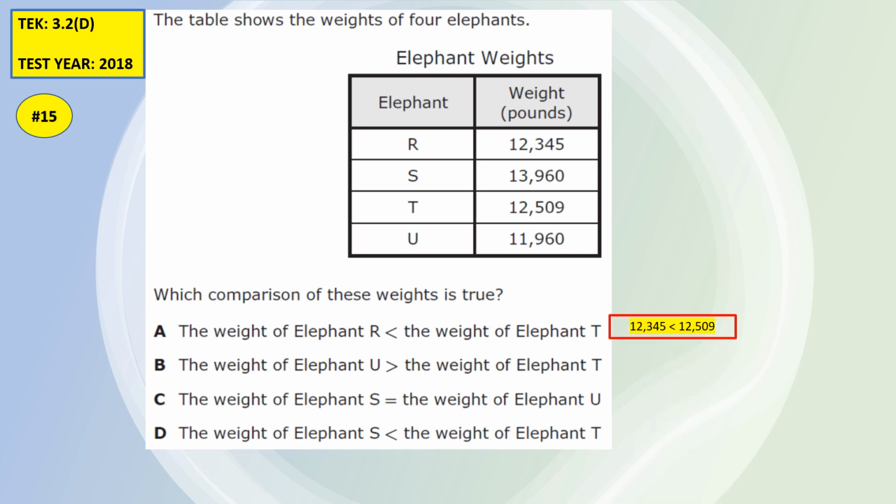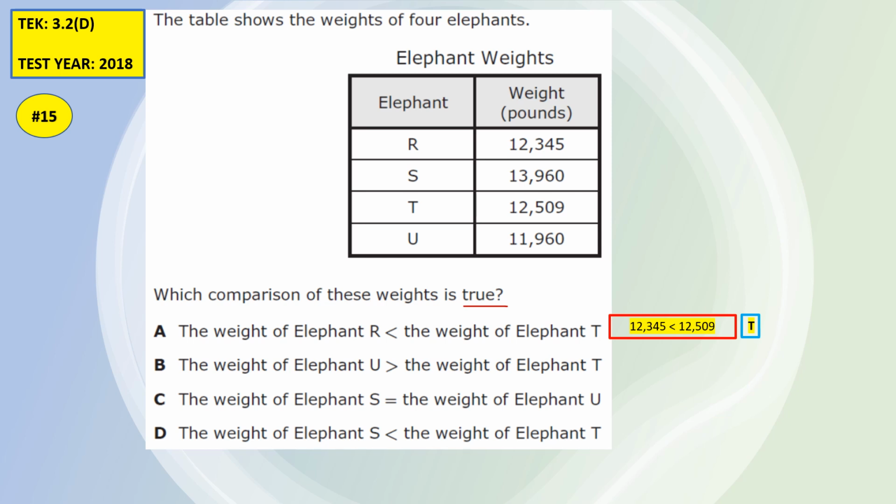So I wrote 12,345 is less than 12,509. And that's true. And again, we're looking for the true answer. So unless we have more than one answer, which we shouldn't, then A is our answer choice. But let's keep going just to make sure.